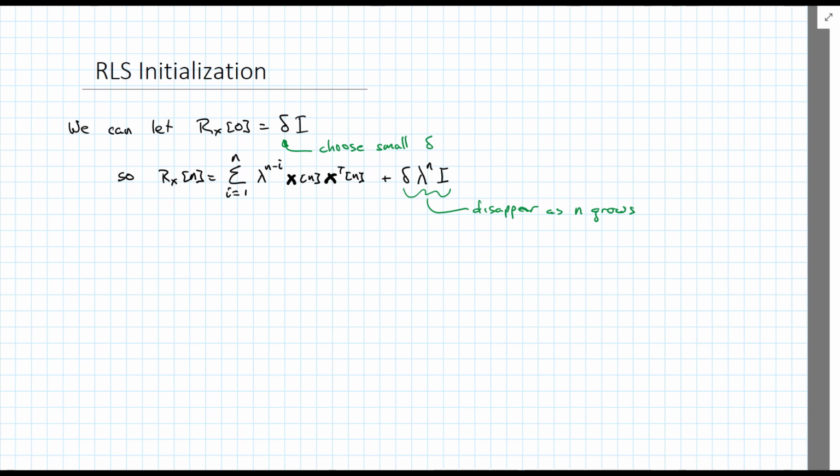So if we're going to do that, we're never going to explicitly compute Rx. Instead, this means that we want 1 over delta times I for our P matrix. So we want P to be large.